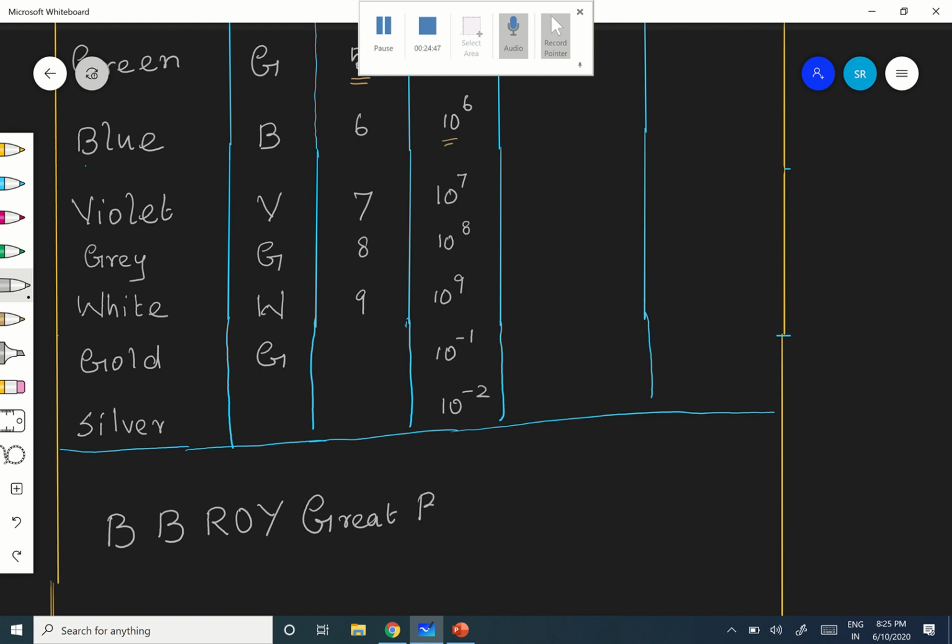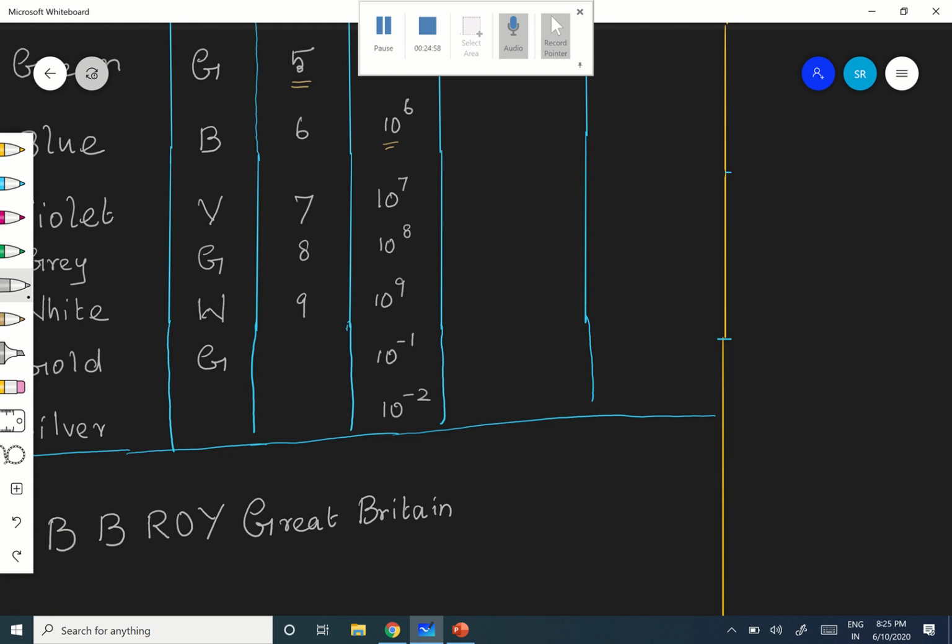B.B. Roy of Great Britain. I think you would have studied it in your SUPW class. Great Britain has a very good wife, wearing a gold, silver necklace.